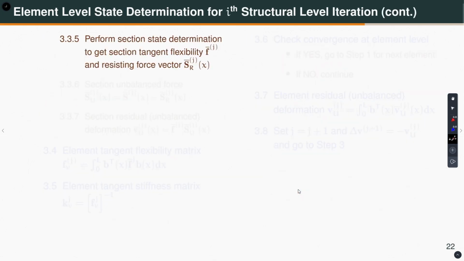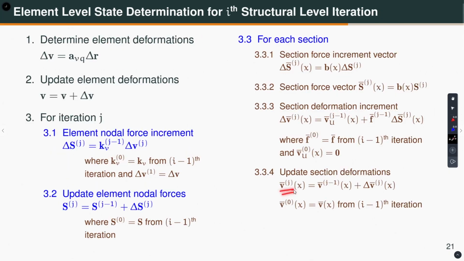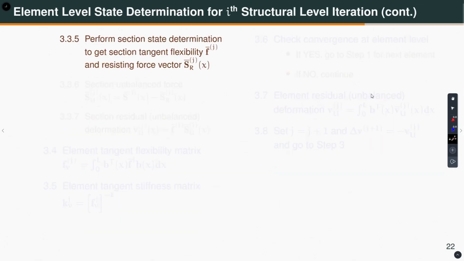Okay. Now, as you can see, this corresponds to the computed section deformation vector, whereas this section force vector is in equilibrium with the element end forces. Naturally, this one and this section resisting force vector are not identical.